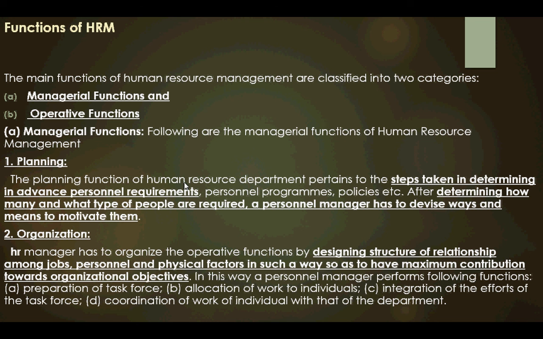Take the example: there must be a coordination between the production manager and the finance manager. Do you know how the relationship exists in the organization? The production process has to take place continuously.